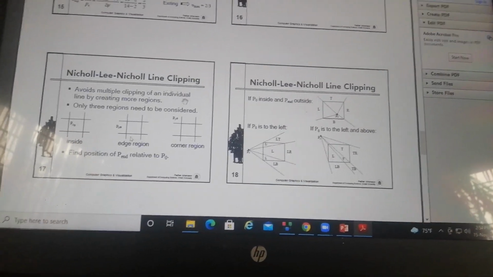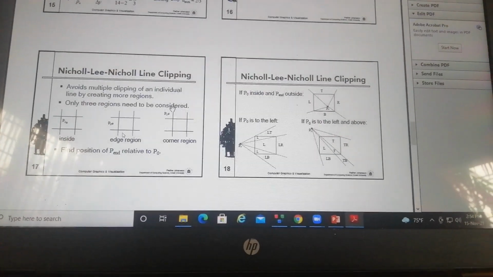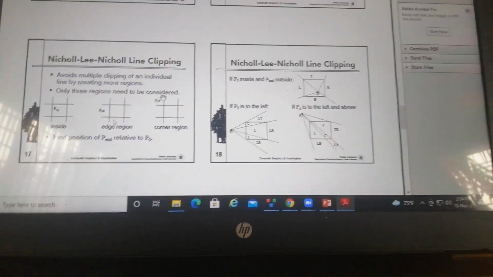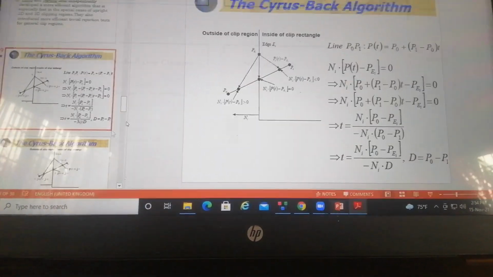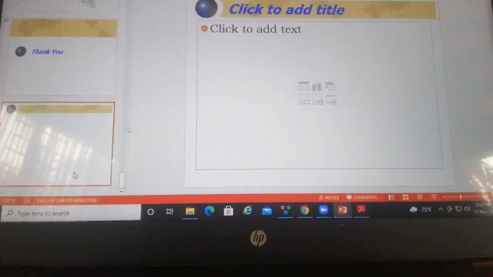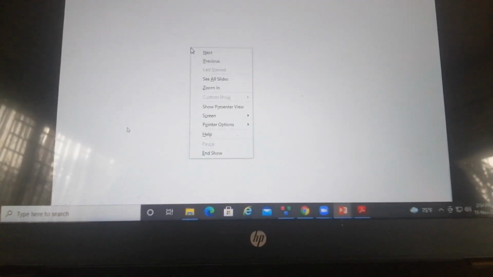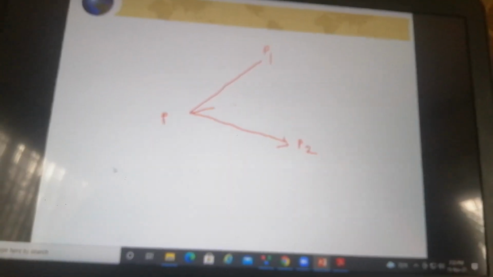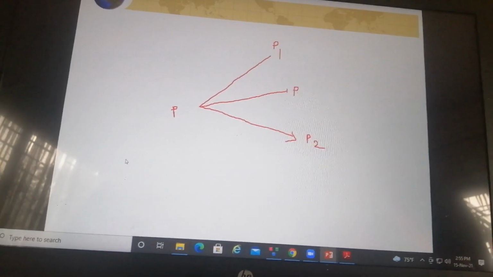It's kind of like vision code generation, but in a different way of thinking. Let me show you that one. Suppose we have this one and this one. This is P, this is P1, and this is P2, and this line is P dash.